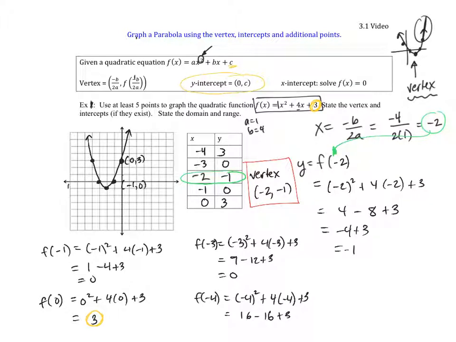The other x-intercept was at negative 3, 0, and the vertex, we already had written that down, but that's at negative 2, negative 1. Okay, so that's what's needed for a high quality graph. We need to show all of our intercepts, the y-intercept as well as the x-intercepts. There's our x-intercepts and the vertex.